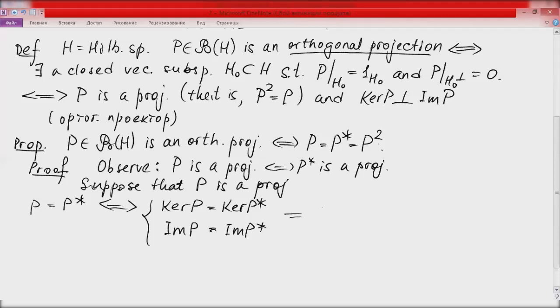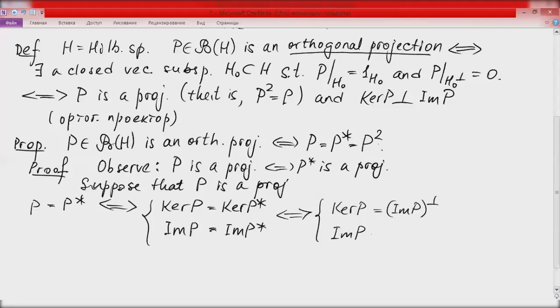Okay, and now let's write this in the following way. Let's recall that for each operator P, the kernel of P star is the orthogonal complement of the image. So the first equality can be written in this way. And also for each operator, the closure of the image of P star is the orthogonal complement of the kernel of P. But here the image is automatically closed because it is a continuous projection.